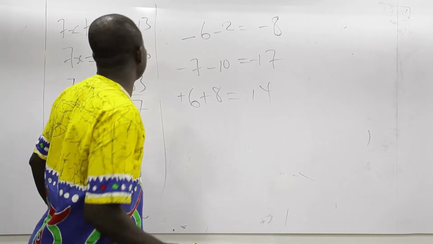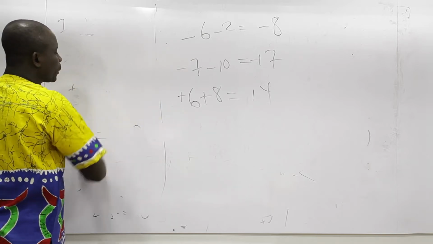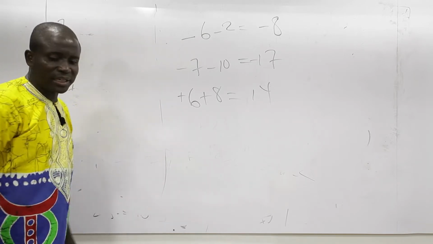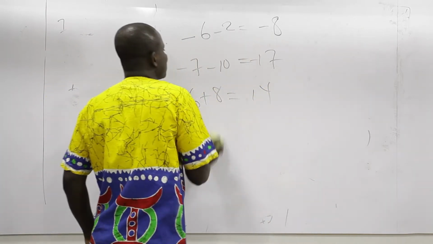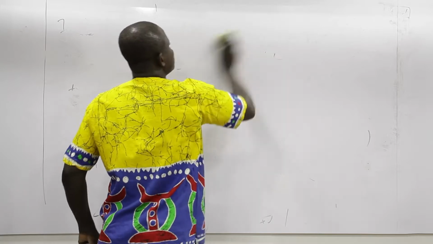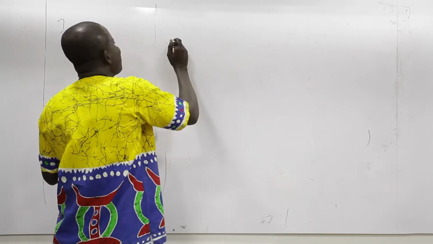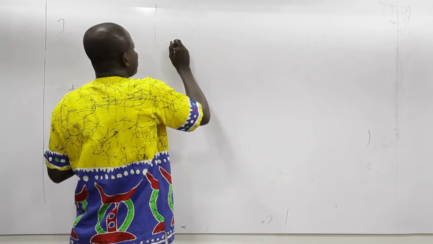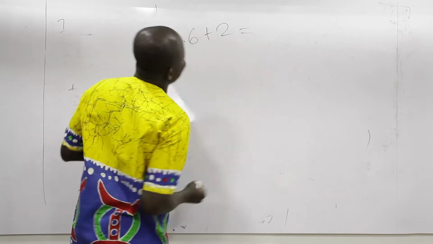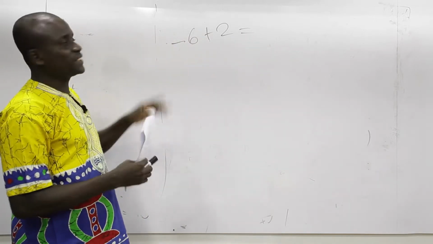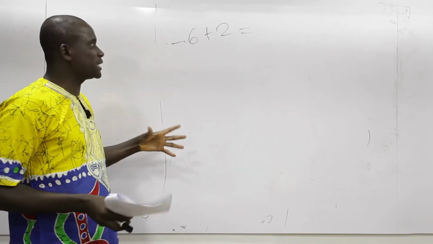But we shall reach a certain situation where negative and positive will meet. In that regard, I want to emphasize this because if you don't get this basis, we shall be in trouble along the line. If I'm having, let's say, negative 6 plus 2, what is the answer and why? Negative 6, positive 2. Here you could see that negative and positive have met.